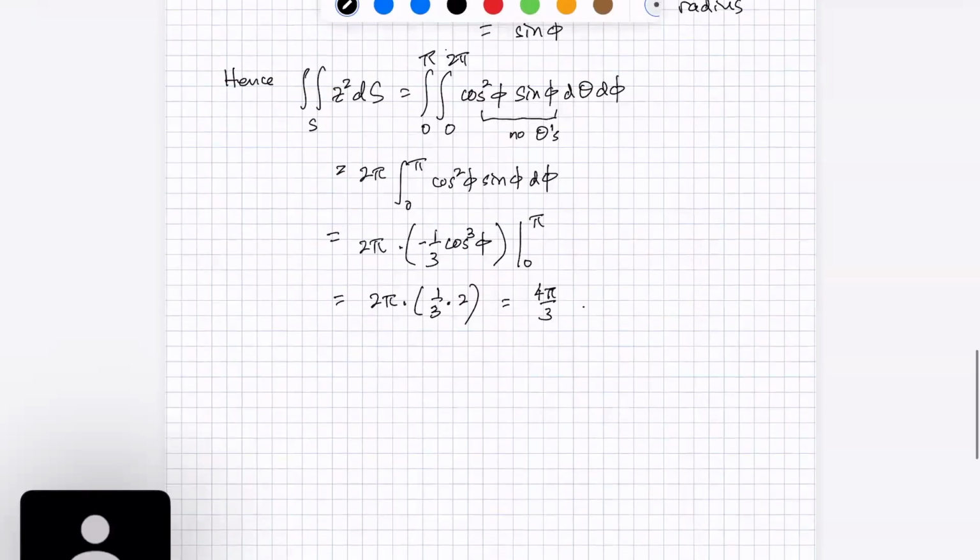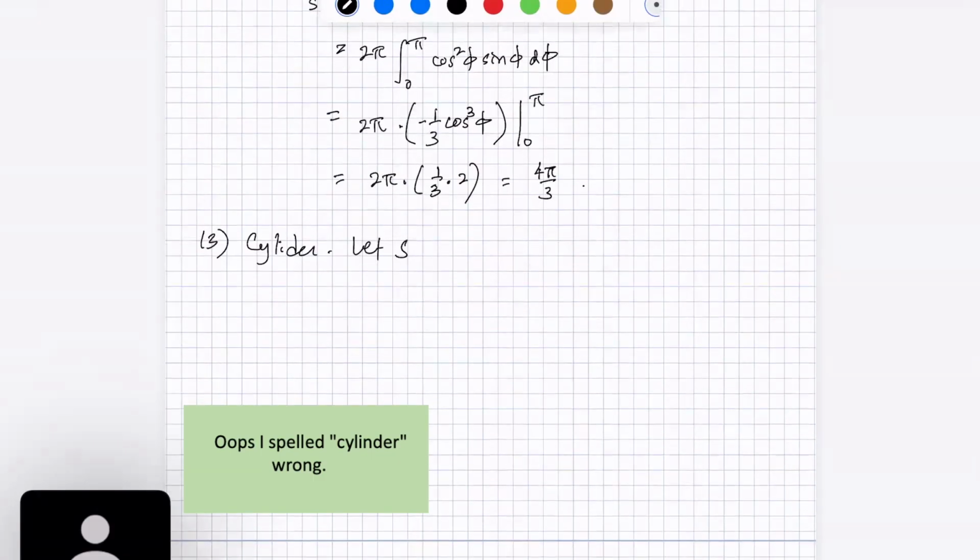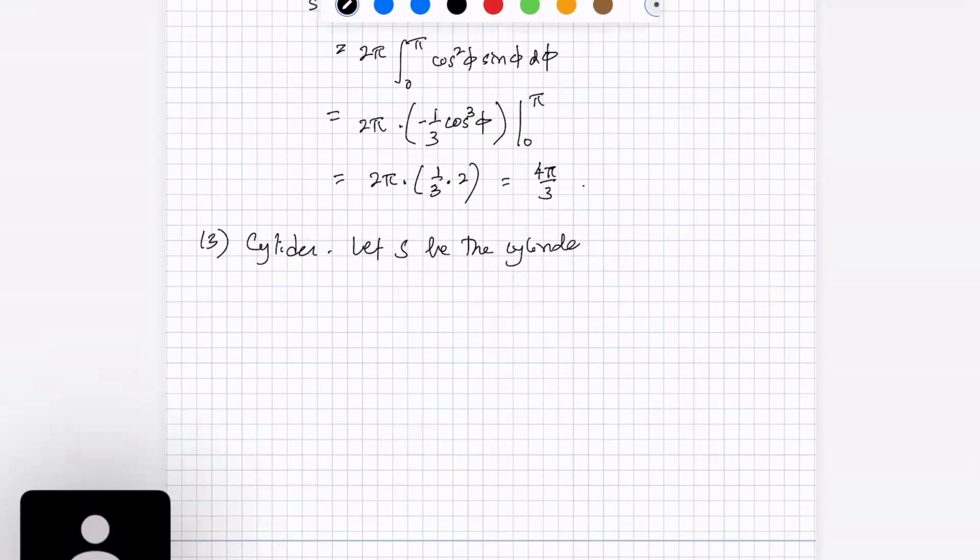Let's do another example, maybe a cylinder. So let S be the cylinder given by y squared plus z squared equals 4, and x between 0 and 5.